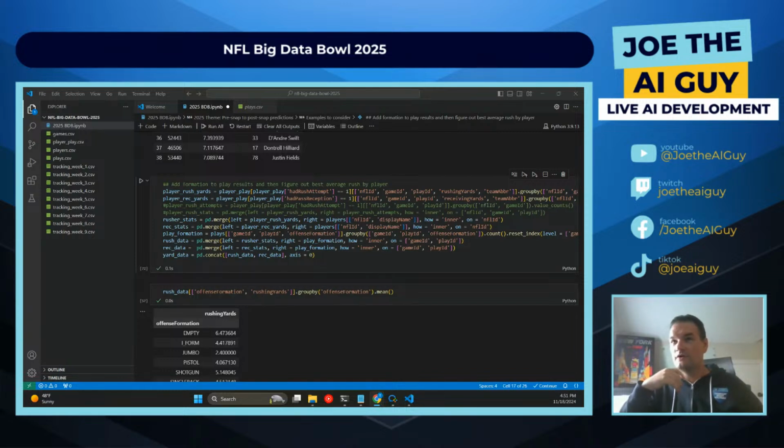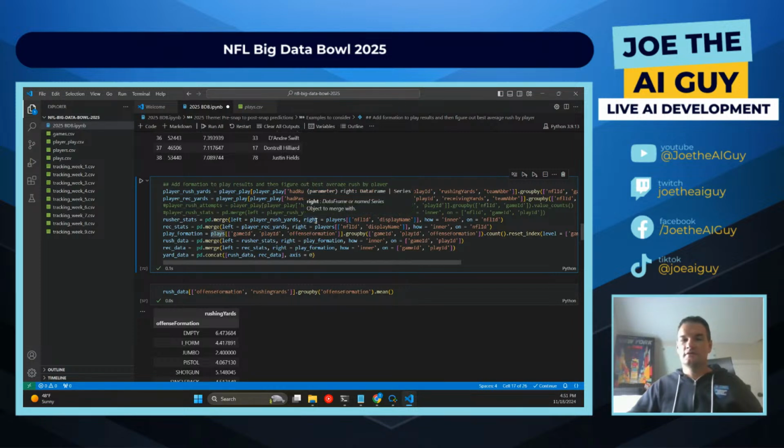So I think for next time, what I will do is we will include time to go through and rework this so we're going off the plays table instead of going off of the stats table for the individual players.